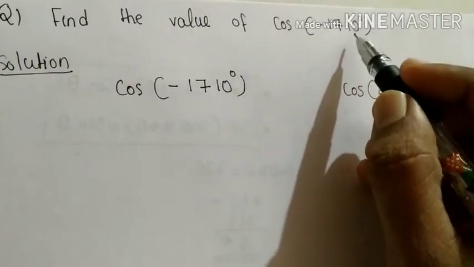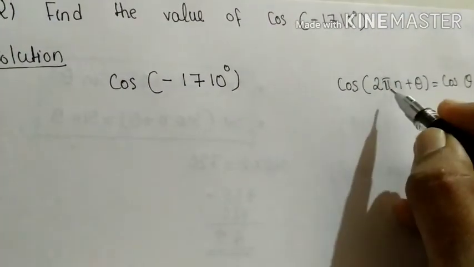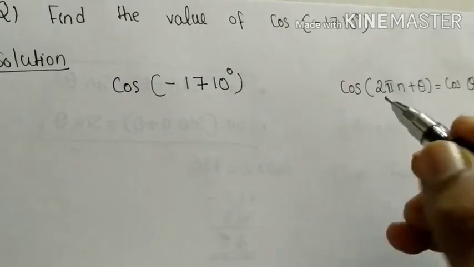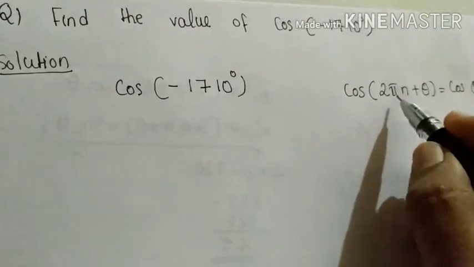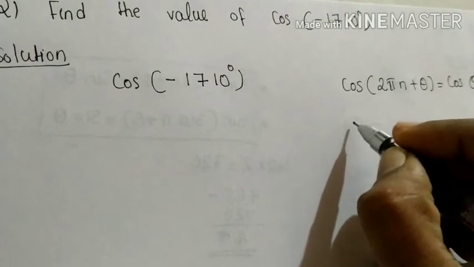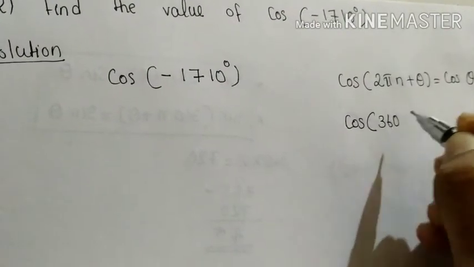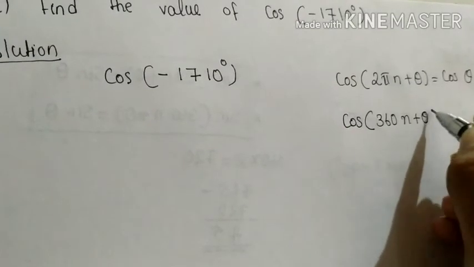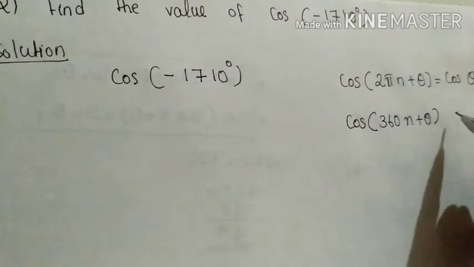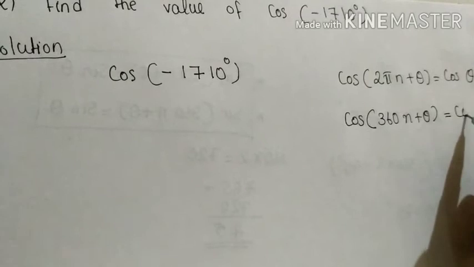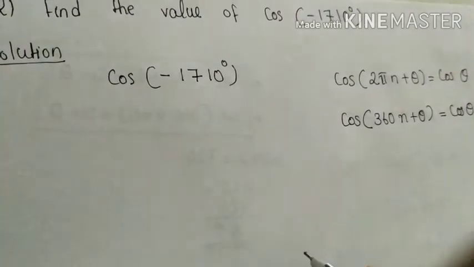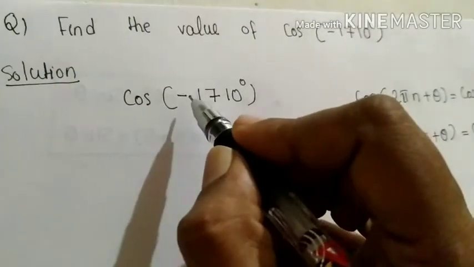The given question is in degree form, so convert this radian form into degree, that is 2 pi is 360, right? So cos 360 n plus theta is equal to cos theta. So note this minus here.